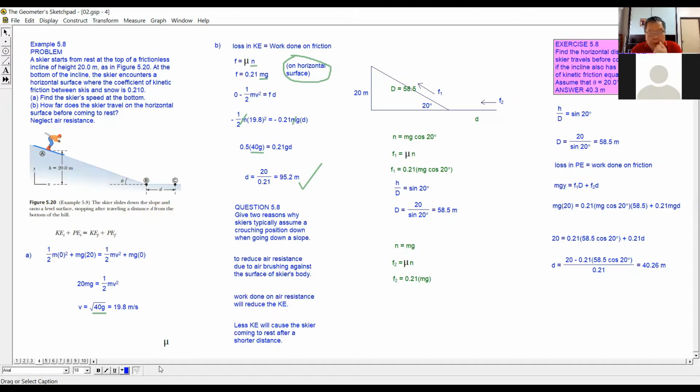Find the horizontal distance the skier travels before coming to rest if the incline also has a coefficient of kinetic friction equal to 0.210. Assume that theta equals 20 degrees.